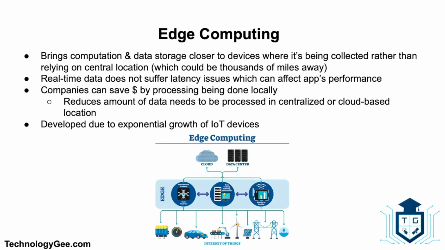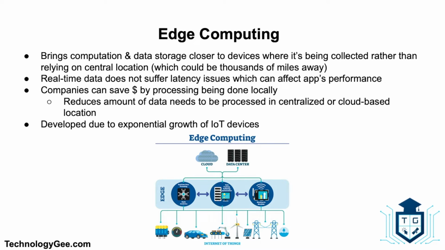Next, we have edge computing, and this brings computation and data storage closer to the devices where it's being gathered rather than relying on a central location that can be thousands of miles away. This is done so that data, especially real-time data, does not suffer latency issues that can affect an application's performance.